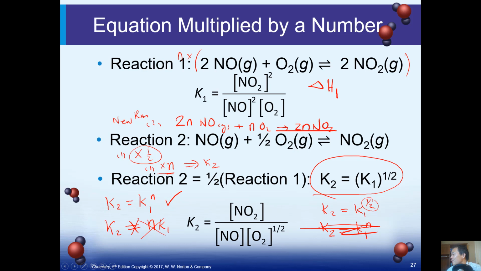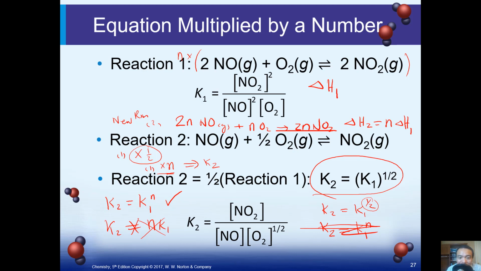For this reaction, your delta H2 will be n times delta H1, because you have n times more moles of starting material and products.